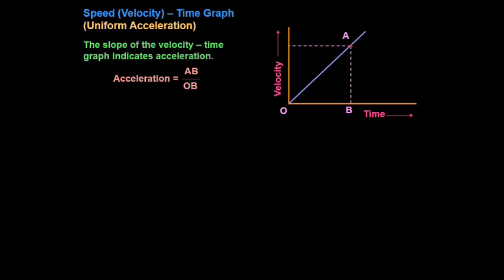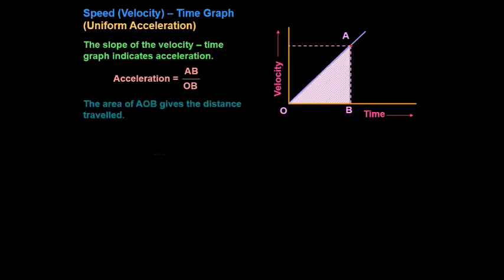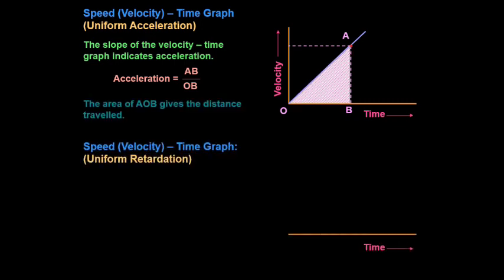Slope is the perpendicular by the base, AB upon OB. It's a geometrical thing that you'll be learning later on. In class 10 you'll be learning the trigonometric concept, in which you'll learn about tan theta. So the slope of the graph is called tan theta, and its area gives us the distance traveled.